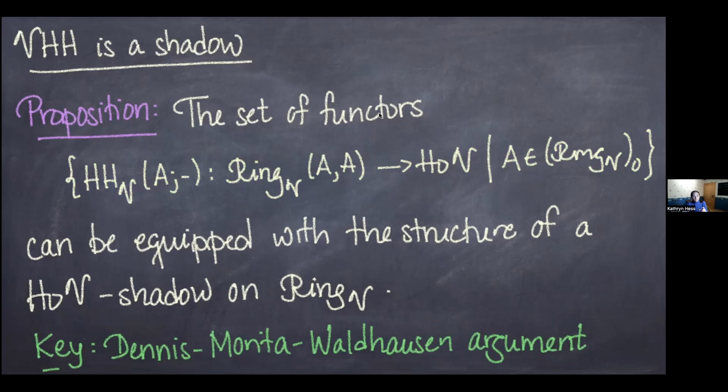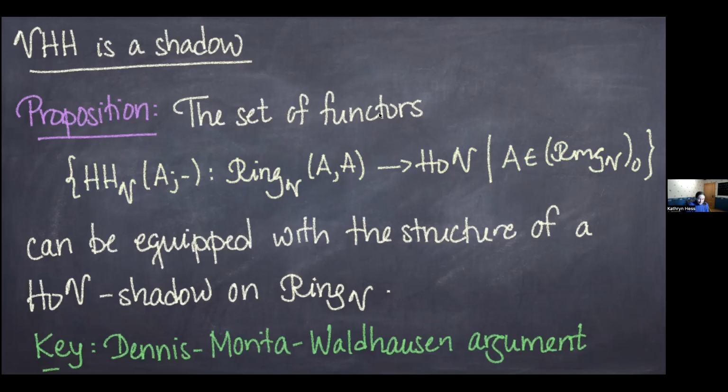The comparison you need to make in order to get the isomorphism for the shadow really has to do with the fact that you can do it horizontally then vertically, or vertically and then horizontally, and you get the same thing. So that's the Dennis-Morita-Waldhausen argument that gives you the thetas you need, these natural isomorphisms, in order to get a shadow.